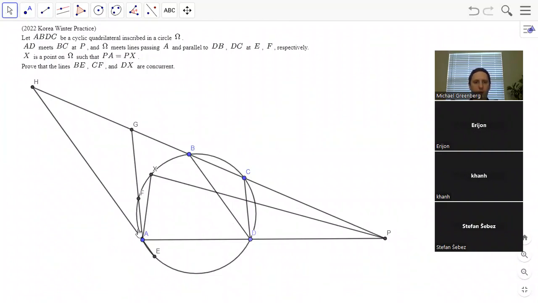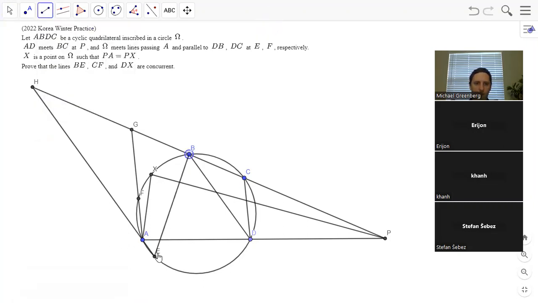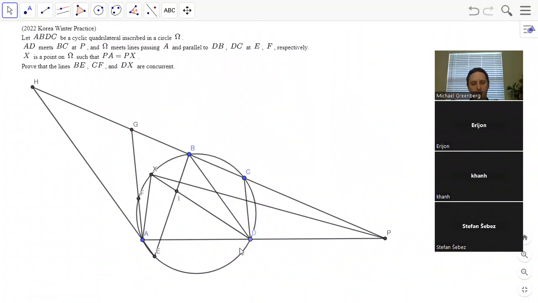So maybe we could show that, if we intersect BE and CF, well, maybe what we could do is draw DX, and then try to show that both BE and CF cut it in the same ratio. I kind of like that idea, because let's see. Can we show that BE and CF cut DX in the same ratio?